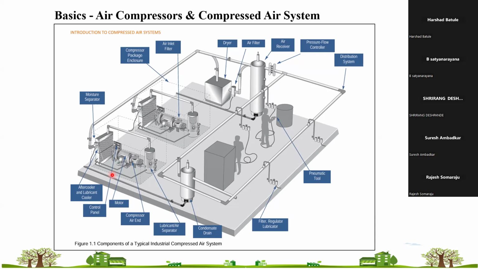Let's say the standard operating temperature is 35 degrees Celsius, but right now your input air temperature is around 45 degrees Celsius. So there is a rise of 10 degrees Celsius, and there is a FAD correction. Whatever the FAD formula is, P2 minus P1 upon P0 into V by T, there will be an additional parameter, which is 273 plus T1 divided by 273 plus T2.